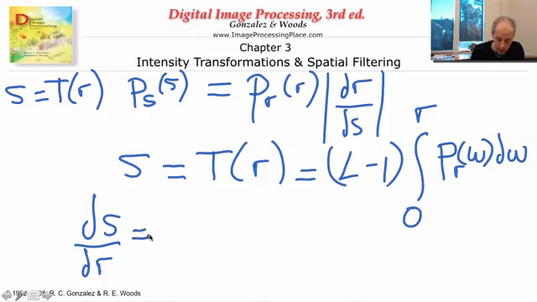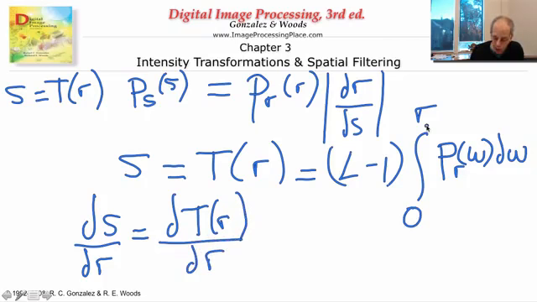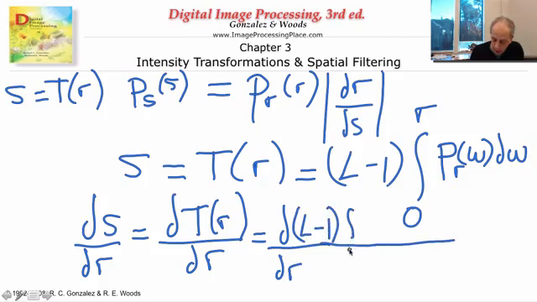It's basically d/dr of the expression we have here, L minus 1 times the integral from 0 to R of P_R(w) dw. I apologize that the rows are going one on top of the other, but I think it's very clear.